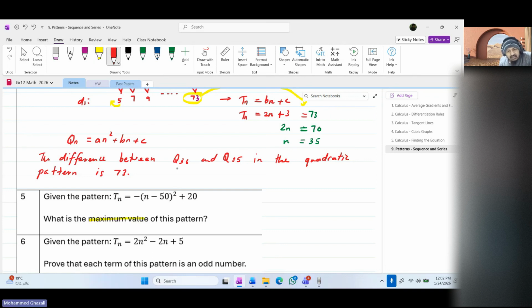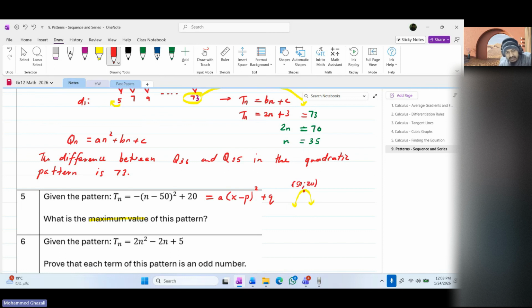Remember, this is written in the turning point form. It's written in the form a(x minus p) all squared plus q. You can see the value of a is negative, and if this value of a is negative, the turning point here is already at 50 and 20.